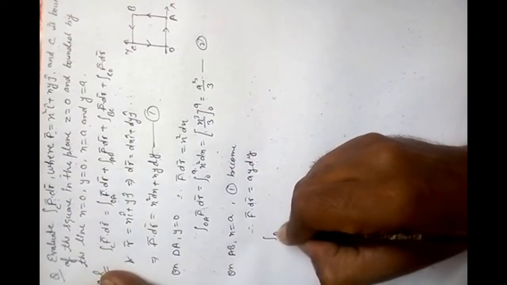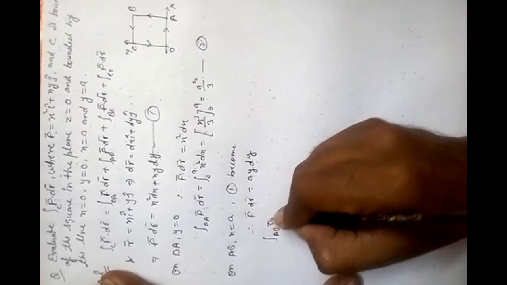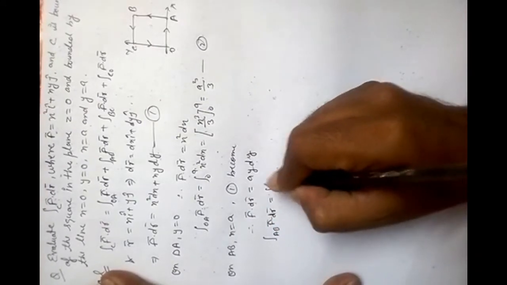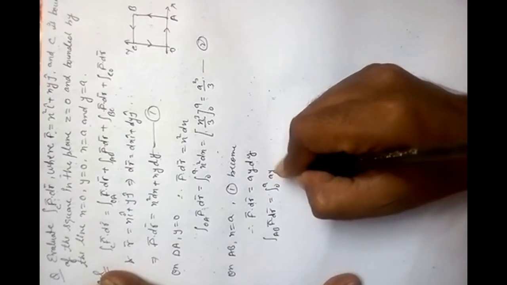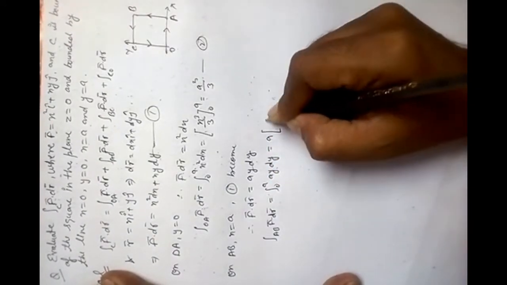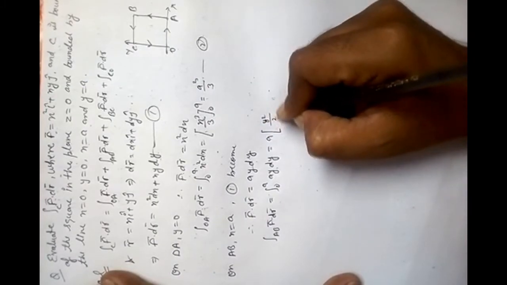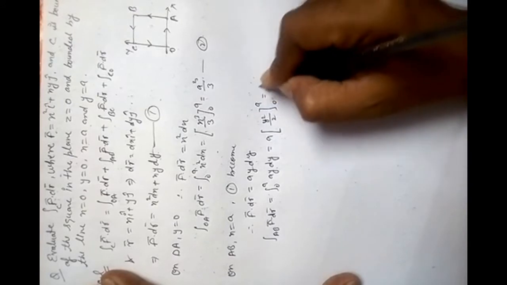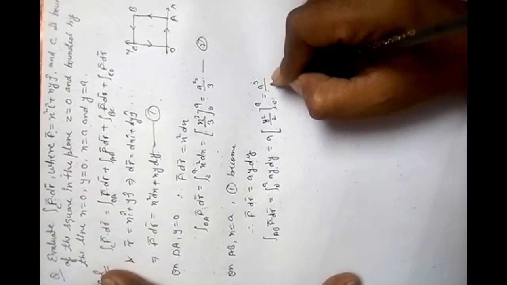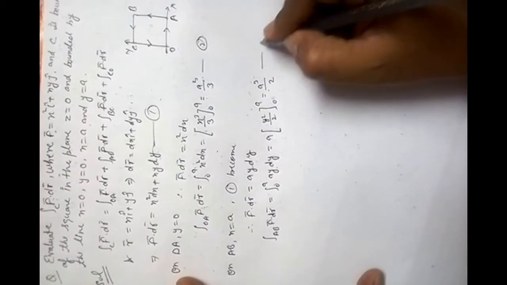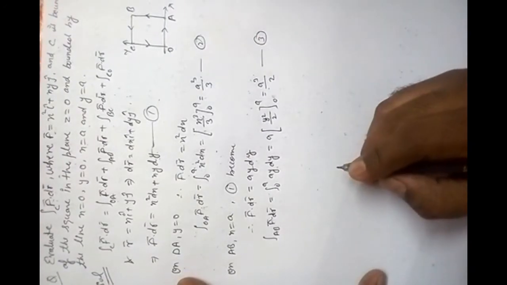So integral AB f dot dr is equal to integral 0 to a ay dy is equal to a y square by 2, limit 0 to a, so a cube by 2, equation 3.